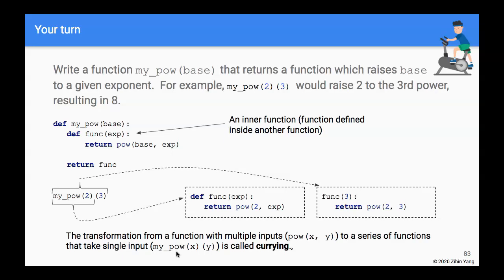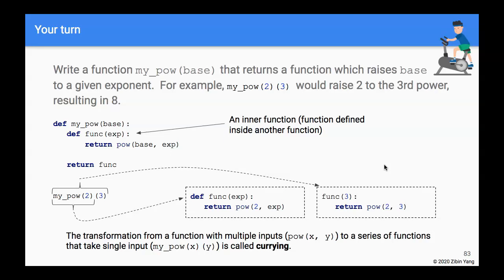So myPower takes a single input, the base, and the function that myPower returns takes the exponent as its 1 input. So this transformation actually has a name. It's called currying.